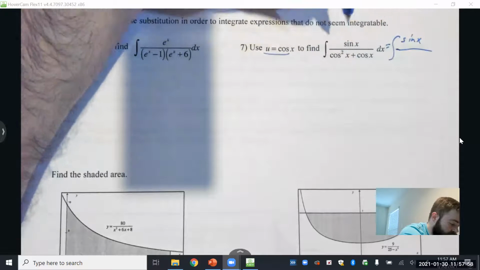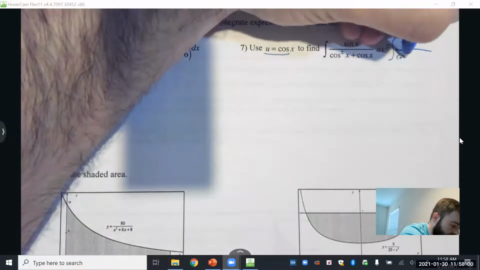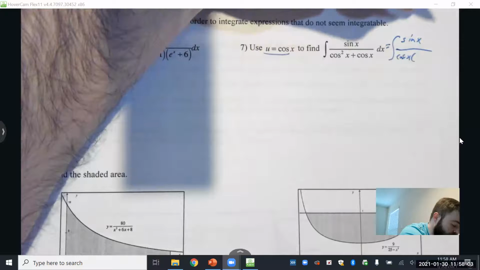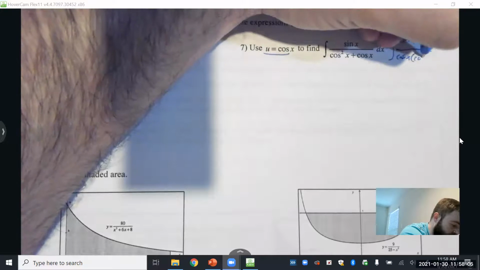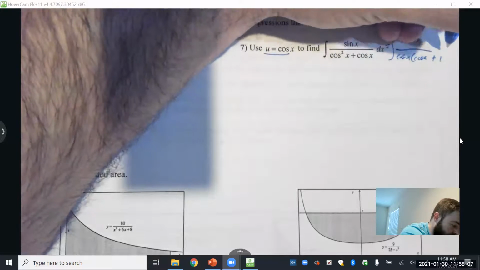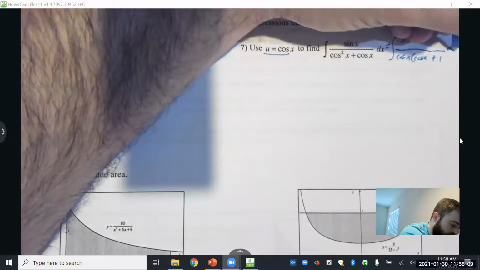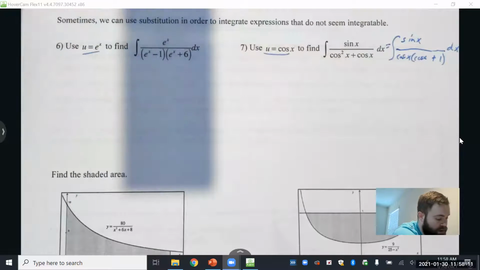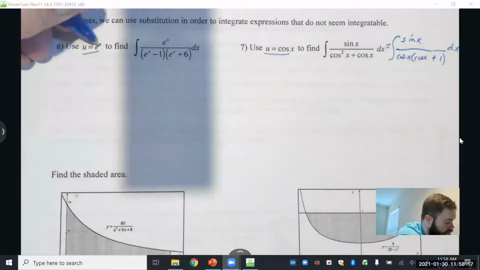If I factor cosine x out, that would be cosine of x times (cosine plus 1). So it's going to be the same idea on both of these, though. If I'm going to do u substitution, then I also need to find my u.